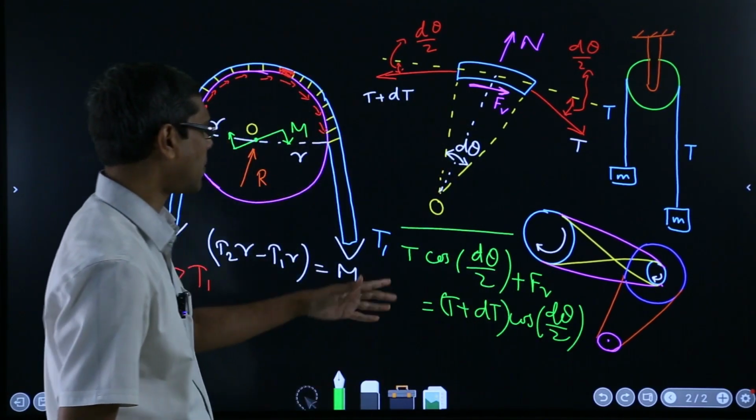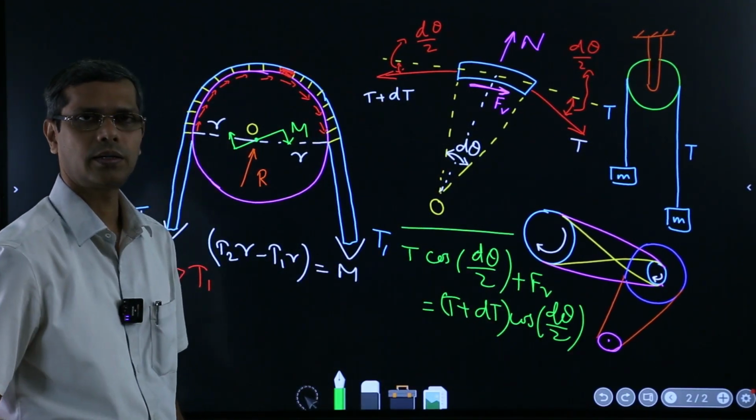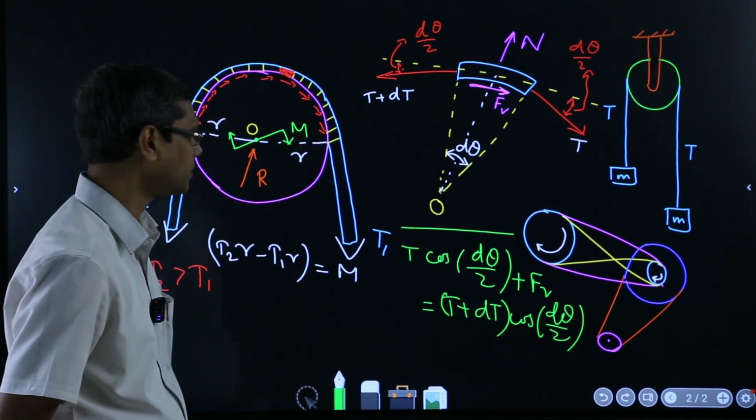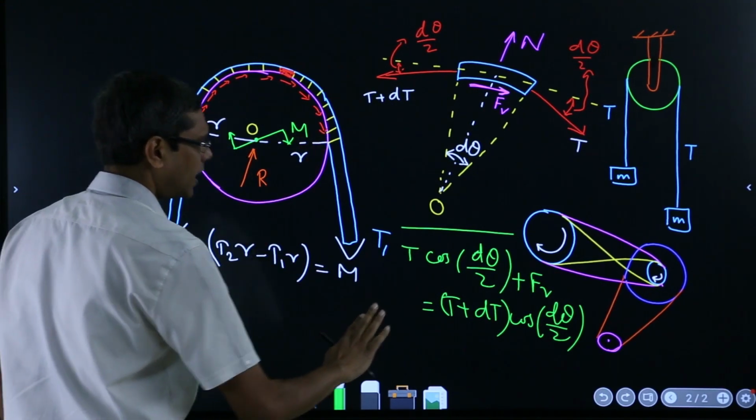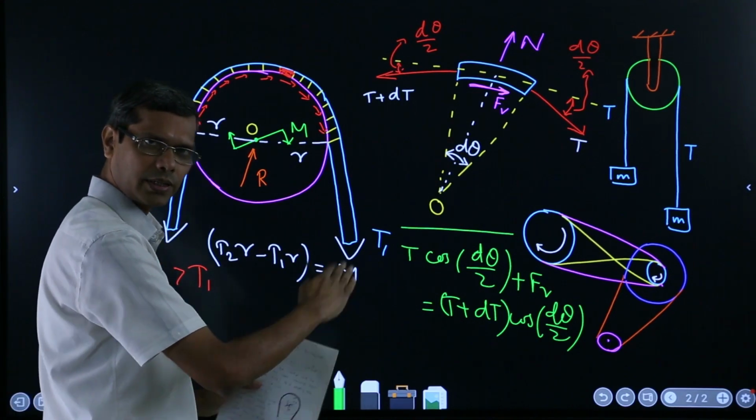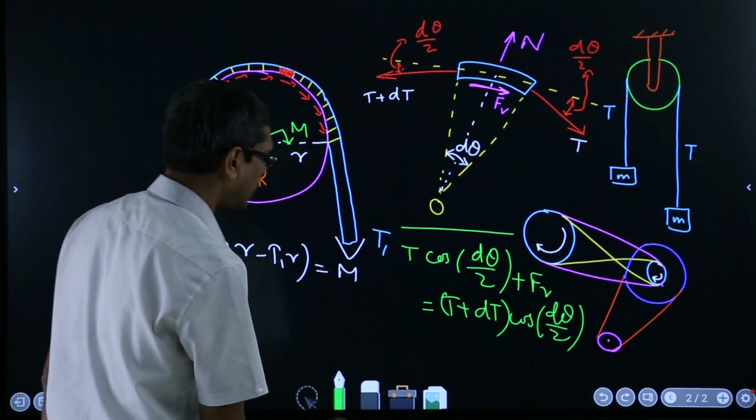So this is the balance in the tangential direction, and I'll just write it here, but then I'll copy it to the next page.